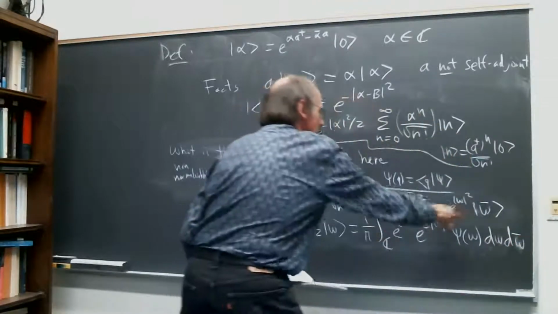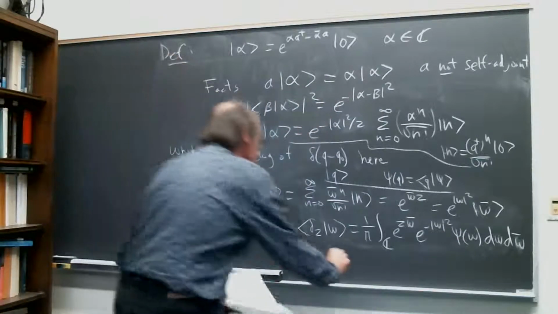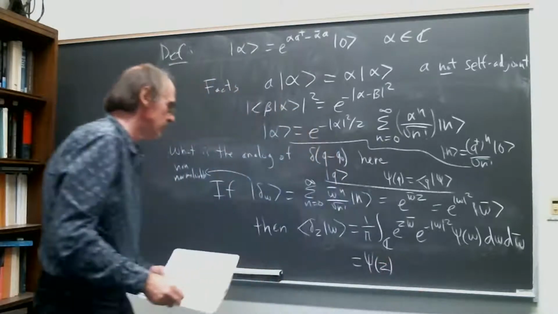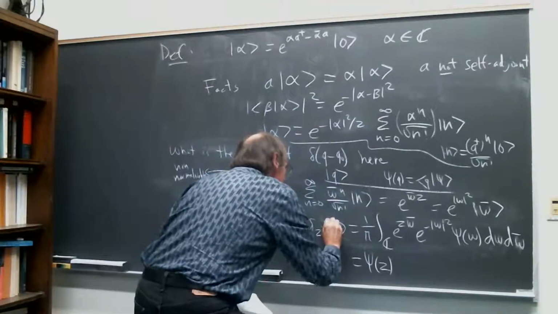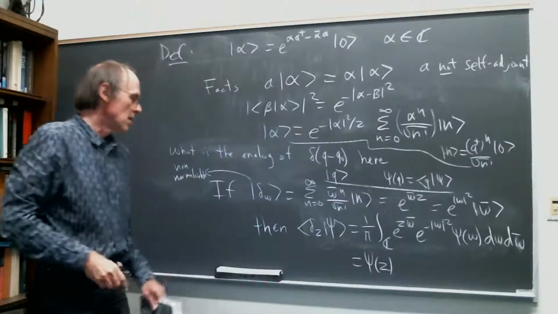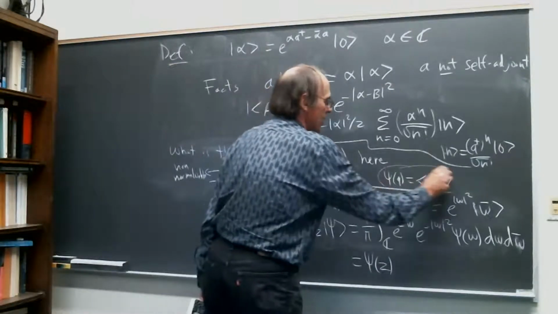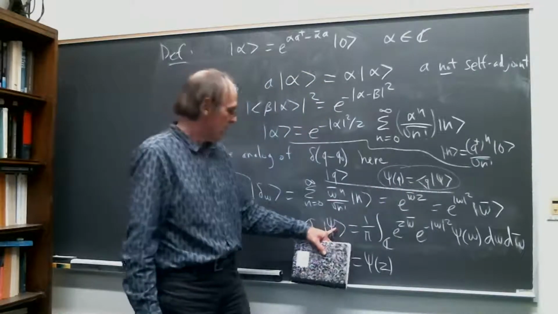And if you calculate this integral, you can show it is equal to just psi of Z. Sorry, this is psi here. So you get an analog of this formula for an arbitrary psi.